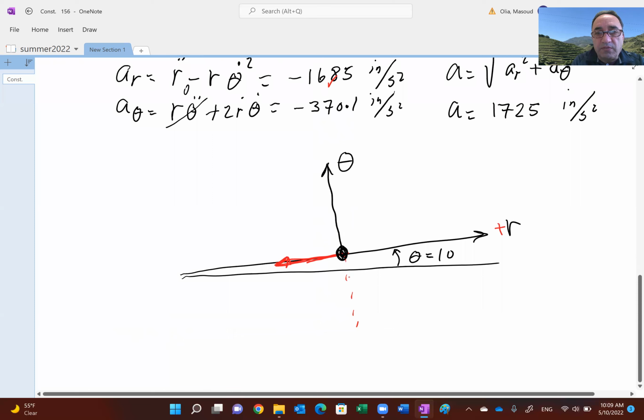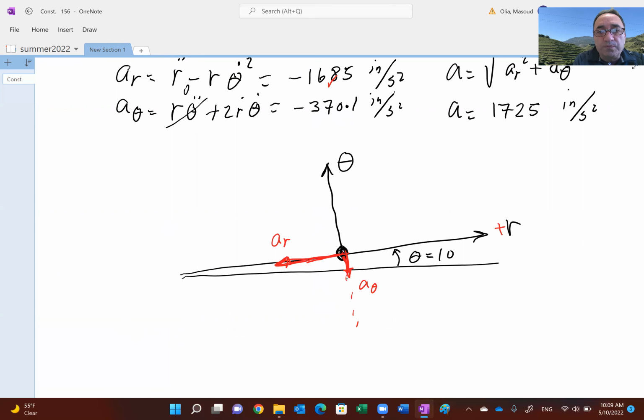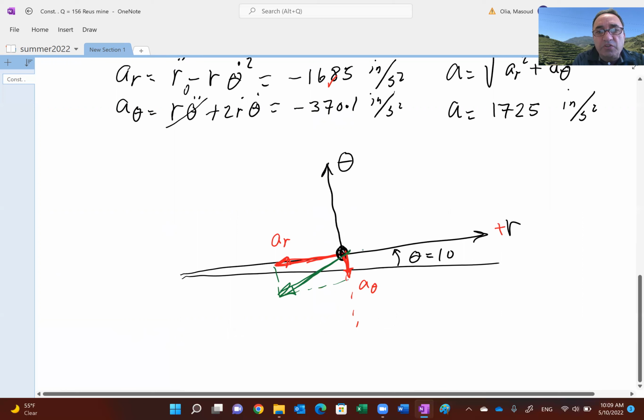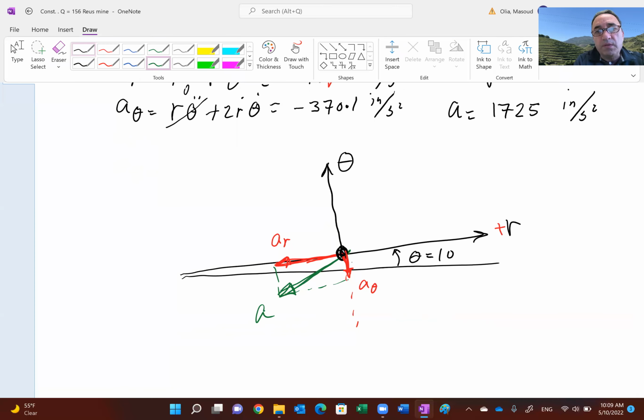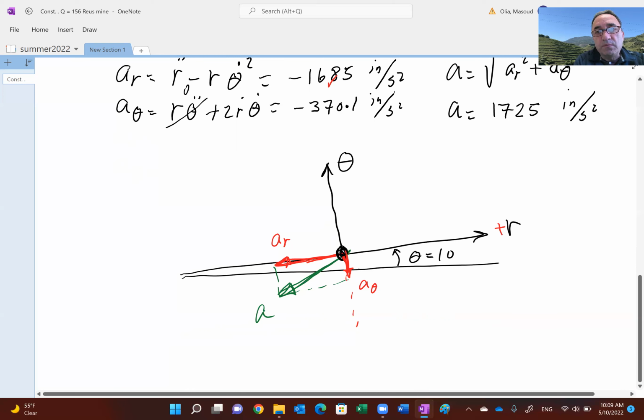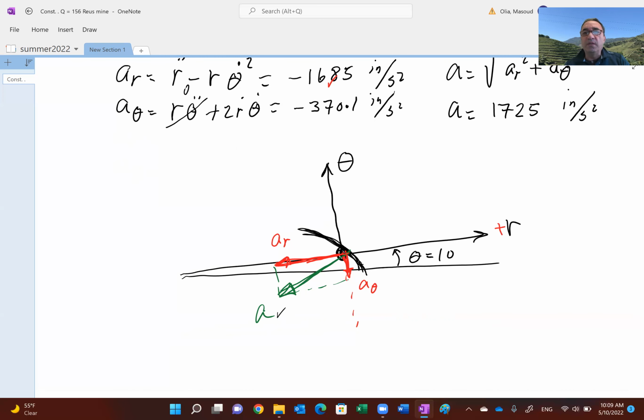So this is radial and this is transverse. And the magnitude of acceleration that I just calculated for you would be this guy. Remember, if this is the profile of the cam, part of that profile, acceleration in general is not tangent to the path. It could be tangent to the path, but at the inflection point only.